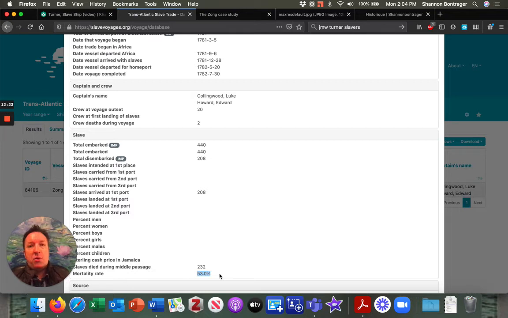It was debatable about whether slaves would be covered, however, and there's a big court case about this, because it looks as if Luke Collingwood or Edward Howard or somebody on board the ship, about a day or two away from their destination, I think along the Black River, had discovered that there was an illness that had broken out amongst the crew.